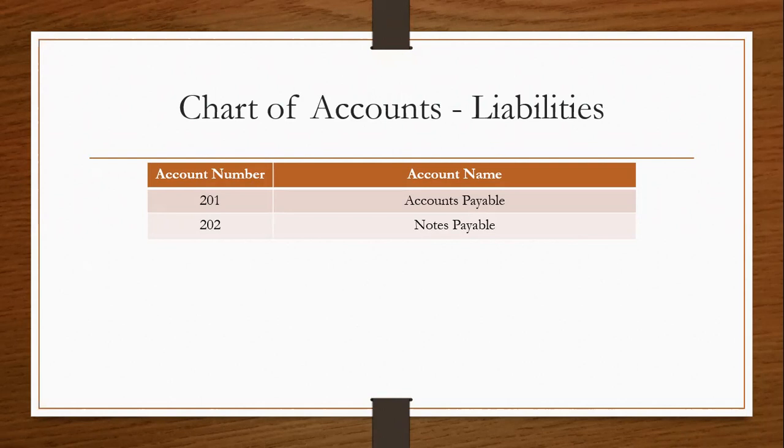Actually, there are a lot of liabilities, but these are the only accounts that we are going to use in the examination. For example, accounts payable. Once you purchase merchandise, but you and the seller agreed that you will pay within 30 days, that is an accounts payable. You have a present obligation.